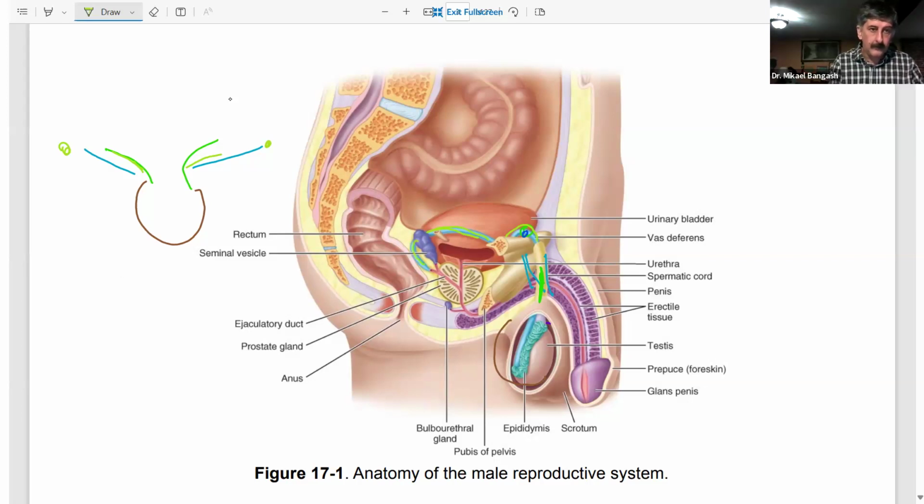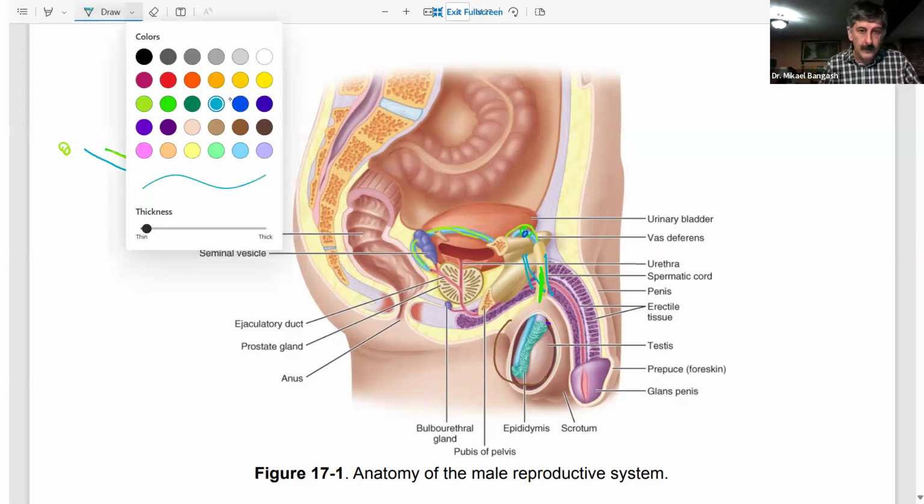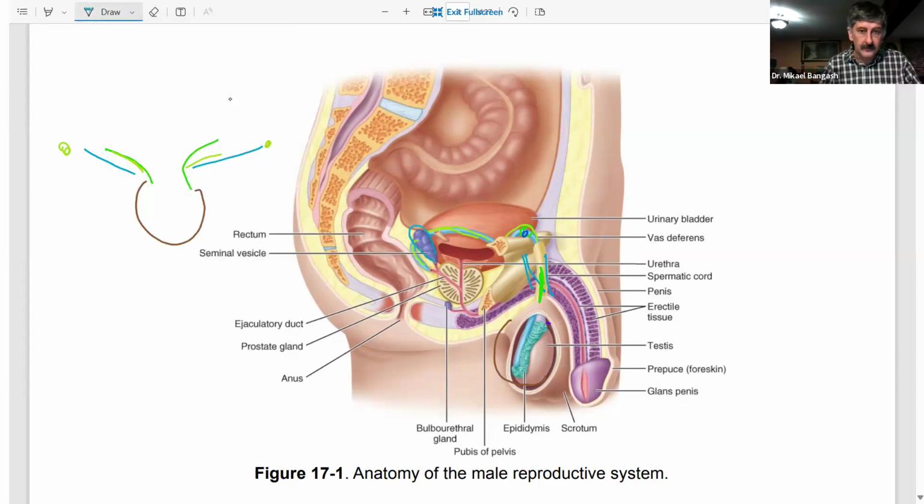And mainly it will receive secretions from the seminal vesicle, which we mainly said was for semen.